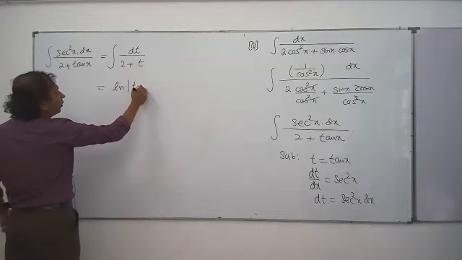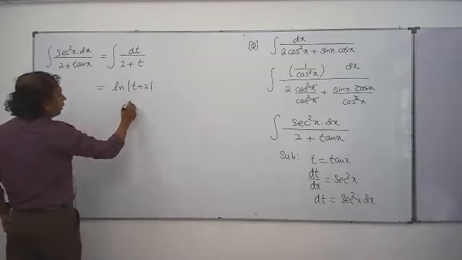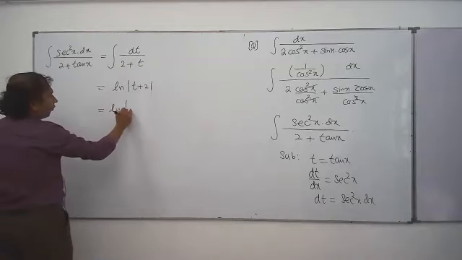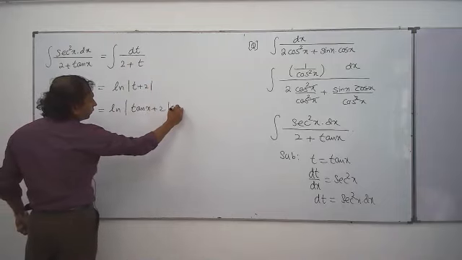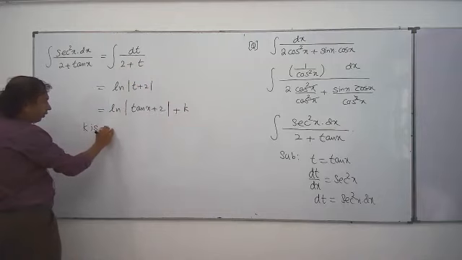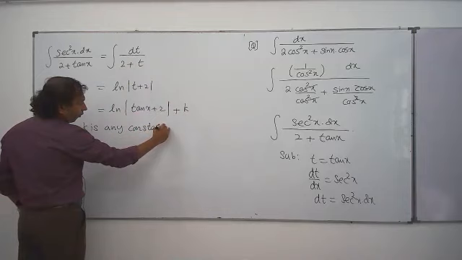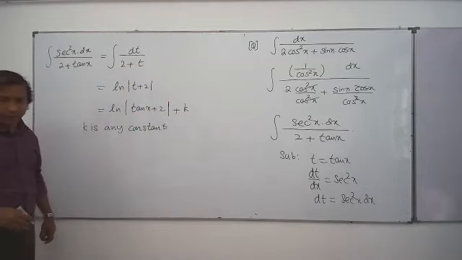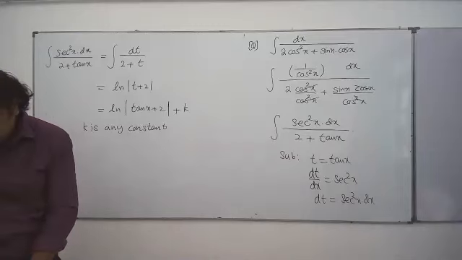It is ln modulus of t plus 2. But t is tan x, so the answer is ln modulus of tan x plus 2, plus k, where k is any constant. Right, that's that type.